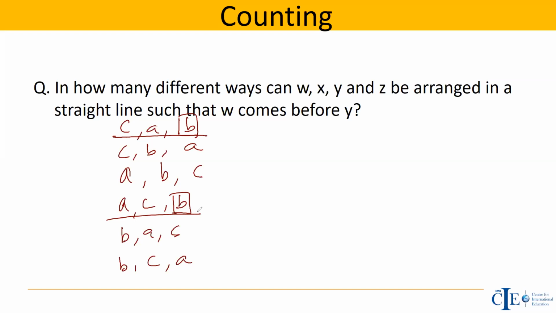Because A और C की बात कर रहे हैं, बाकी सबको उधर ही fix कर दिया. So everyone is sticking to their places. Only A and C go and swap. So I have one case where A is ahead of C. The other case is when C is ahead of A. मेरे को इसमें interest है, इसमें नहीं है.